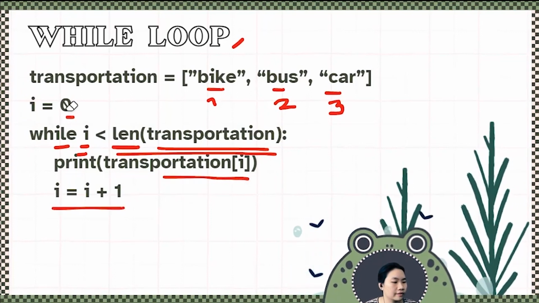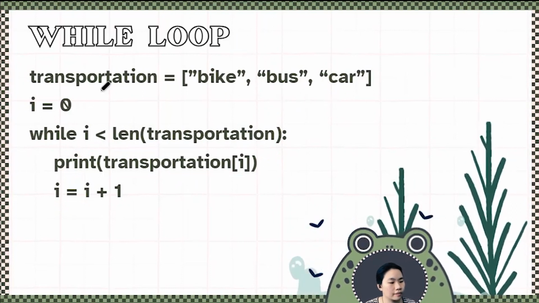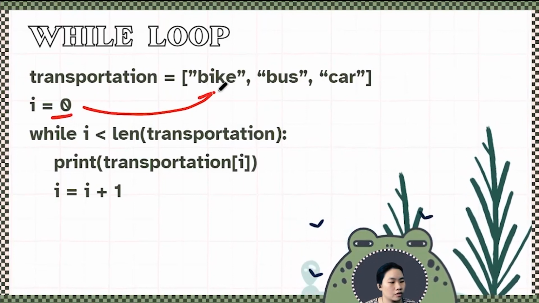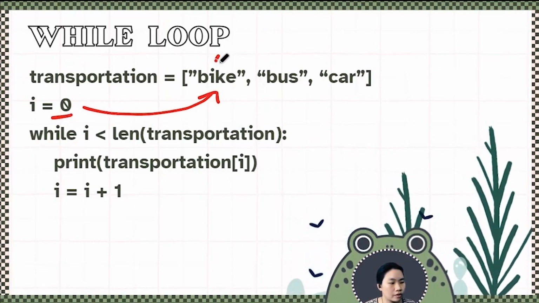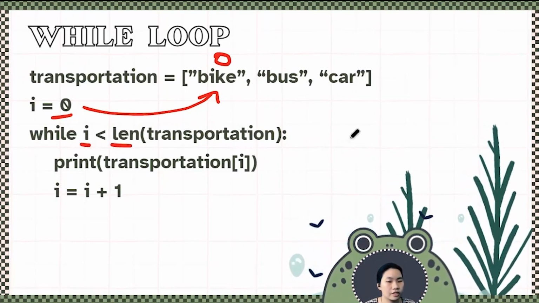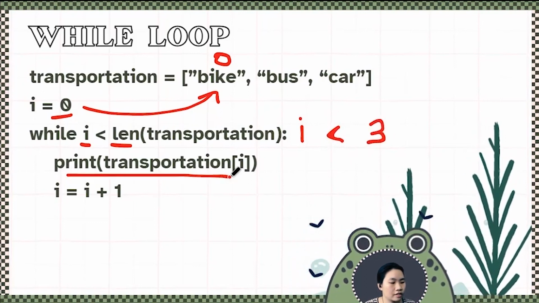Now, what does this mean? It may seem very complicated, but it is absolutely not. We set I equals to 0. That corresponds to the first index number, which is 0.